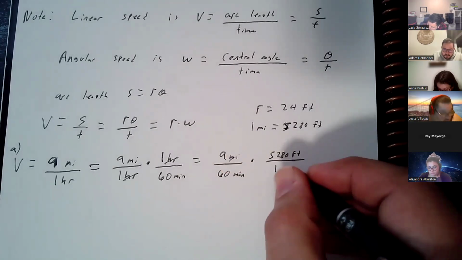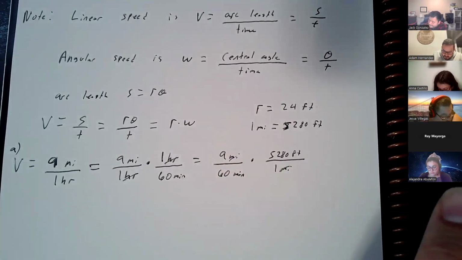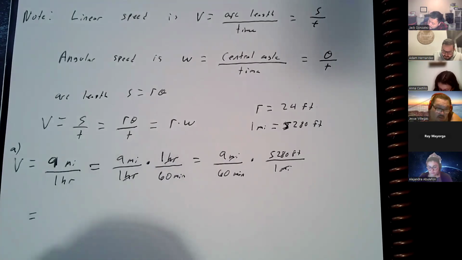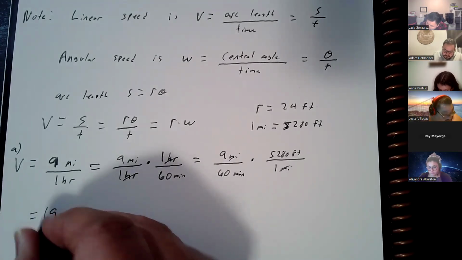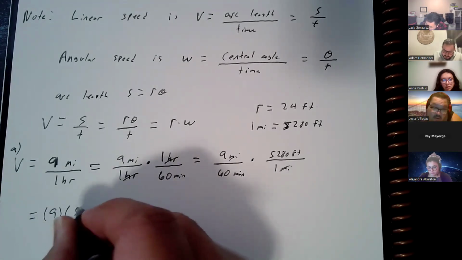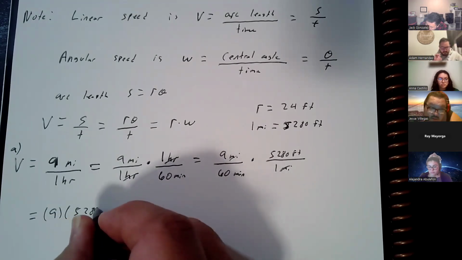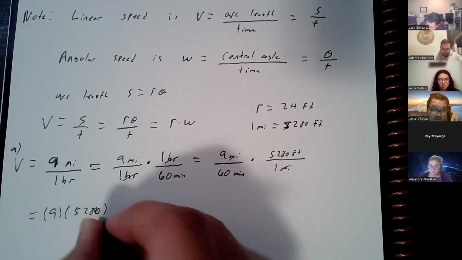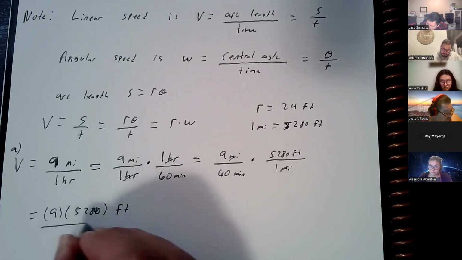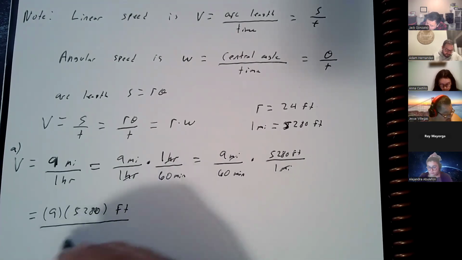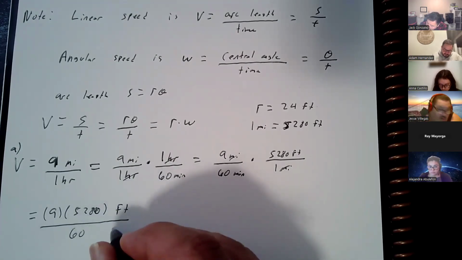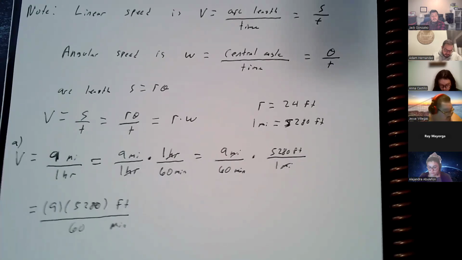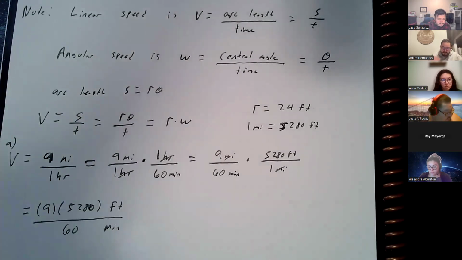So that'll cancel this. So now I have 9 times 5,280 feet per minute per 60 minutes. So now we're in the units they wanted.